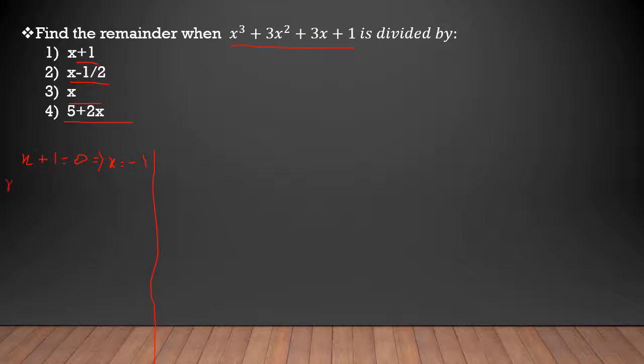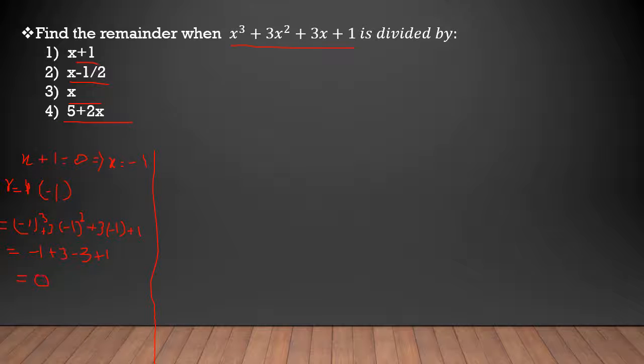For finding the remainder, we have to put this value in the polynomial function: p(minus 1) equal to minus 1 cubed plus 3 into minus 1 squared plus 3 into minus 1 plus 1, that is minus 1 plus 3 minus 3 plus 1 equal to 0.